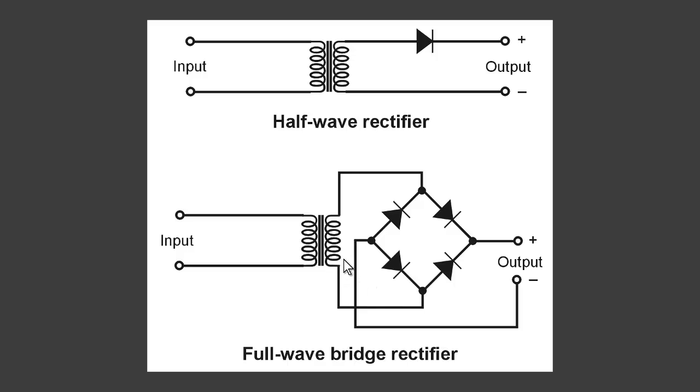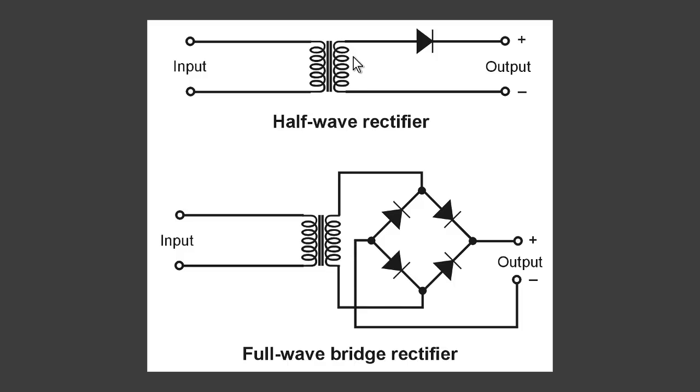That is true because current flows during the entire AC cycle in the secondary here, but only during half of the cycle here. And when you subject a transformer to an asymmetrical workload like that, it's hard on it.